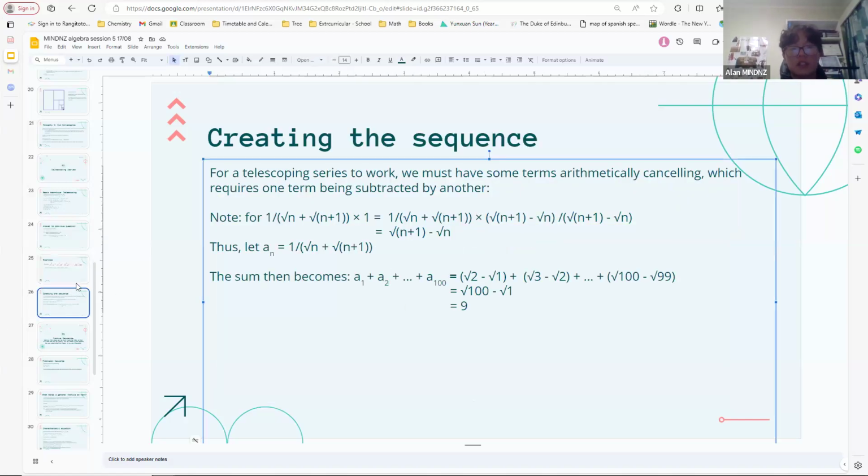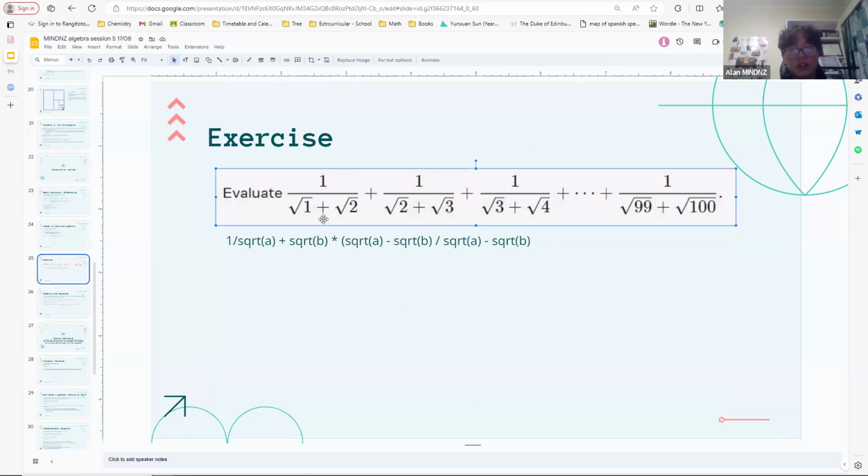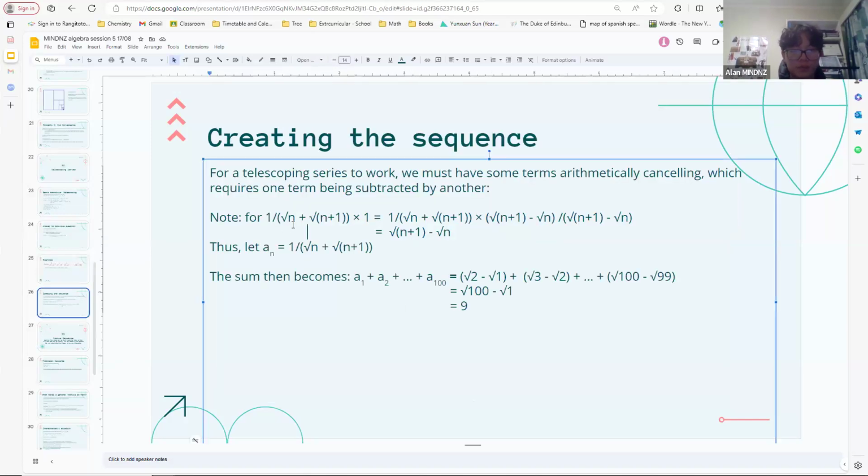So obviously we need whole numbers or rational numbers on the bottom. So note, if we multiply by the difference of these square roots, then we have square root of n plus 1 minus square root of n for each of these terms.